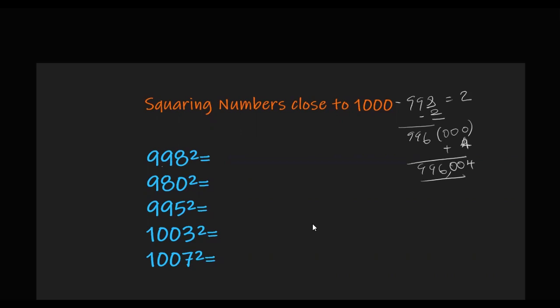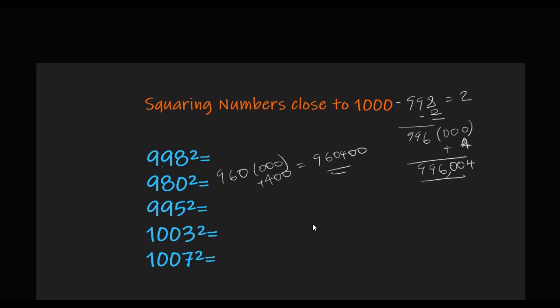So I can imagine now you know exactly what this would be. What is 980 squared? Of course, the difference between 1000 and 980 is 20. If you subtract that, that would be 960 in thousands, plus 20 squared, which is 400. So this is 960,400.